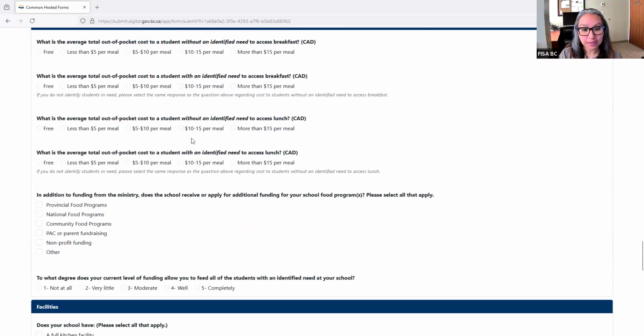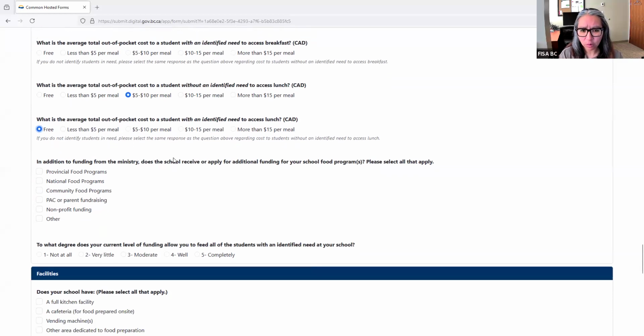A child who is buying lunch normally through Munch Lunch or Pizza Day or Hot Dog Day or soup or any program that I was offering is around $5 to $10. That's my regular amount that the children pay. But the second question, with an identified need, actually every child who has an identified need, it will be free. So these will be the answers that I will be writing, sorry.